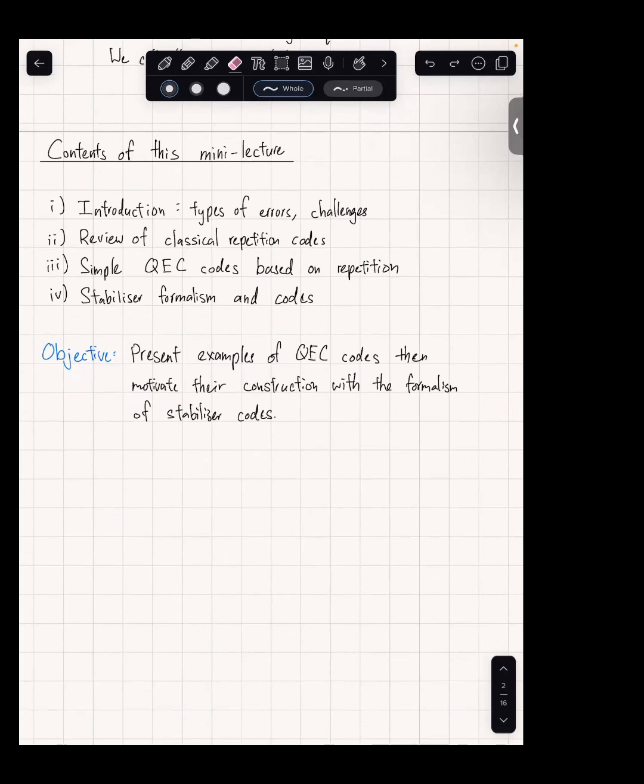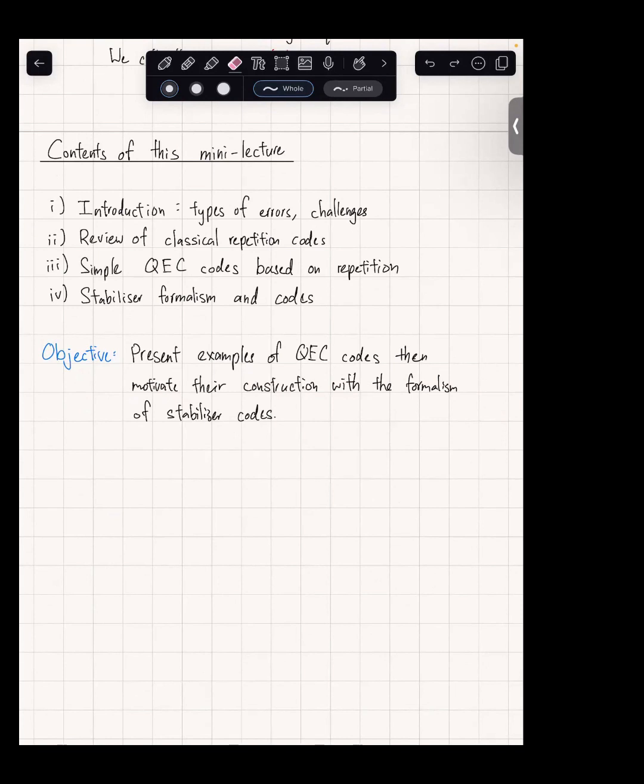Now, for the rest of this lecture, we'll go through four main things. First, we'll introduce quantum error correction in greater detail, and this will include talking about the types of errors that can happen and the challenges that we face when designing quantum error correcting codes. Next, we'll have a quick review of classical repetition codes, and this will lead us to talking about simple quantum error correcting codes that are based on repetition, as in the classical case.